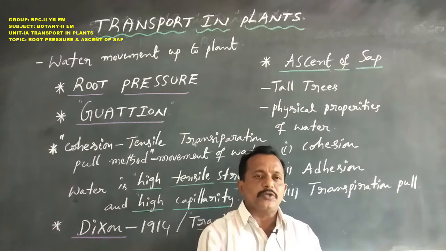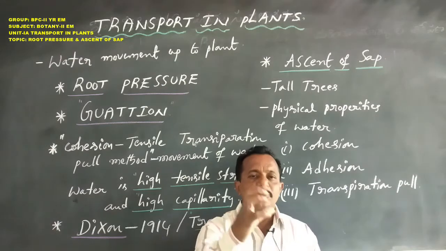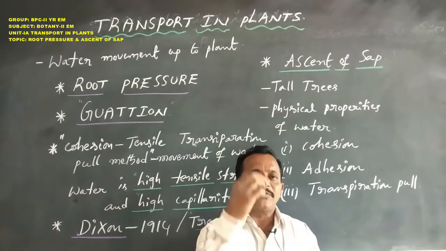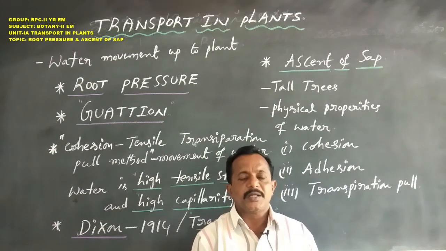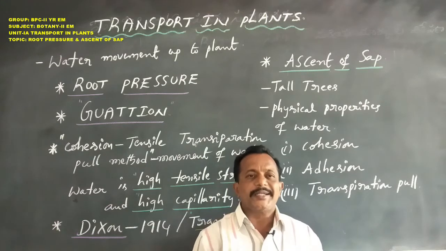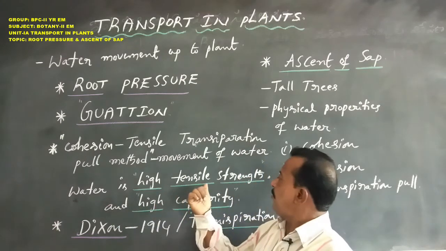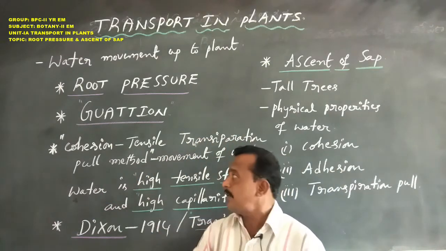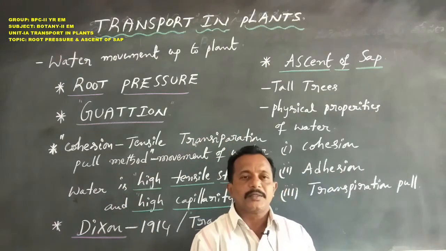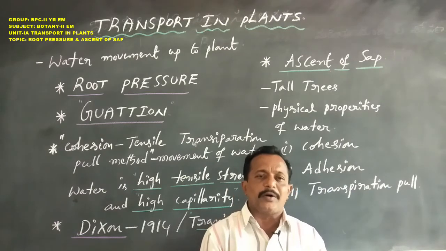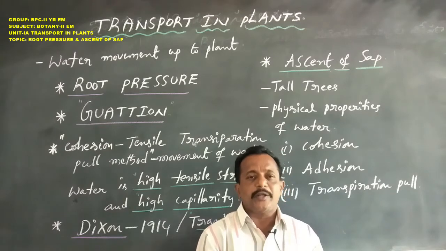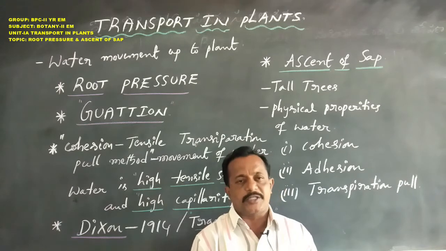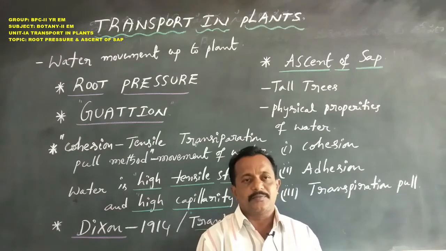One of the driving forces for this process is transpiration from the leaves, named the cohesion tension transpiration pull method.